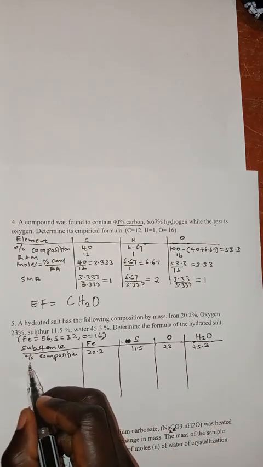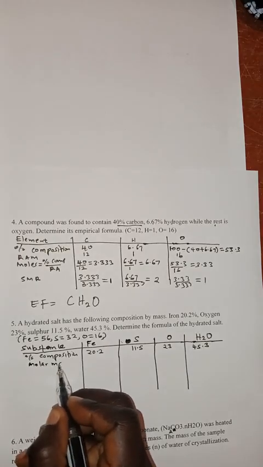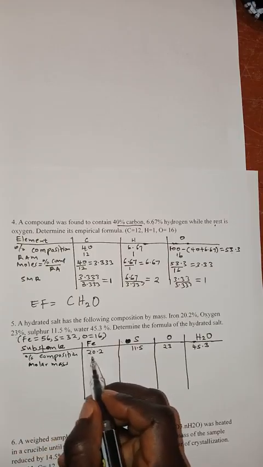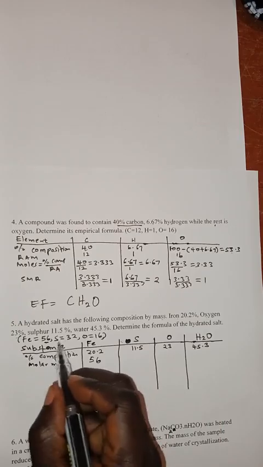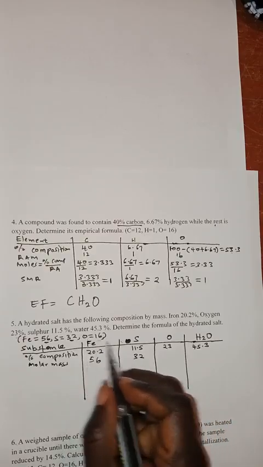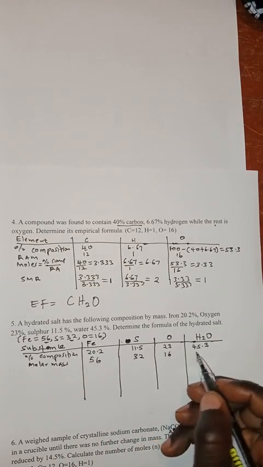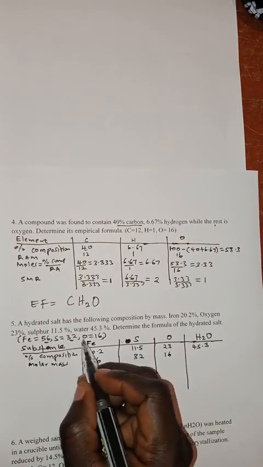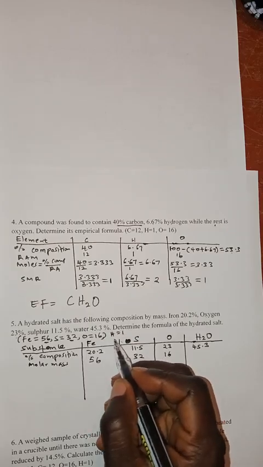Then the relative or the molar mass of each substance. For iron, it is given here, it is 56. Sulfur given is 32. Oxygen is 16. And water is, remember the molar mass of hydrogen is 1.